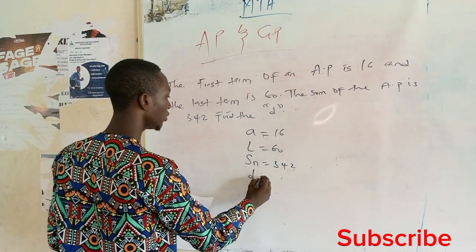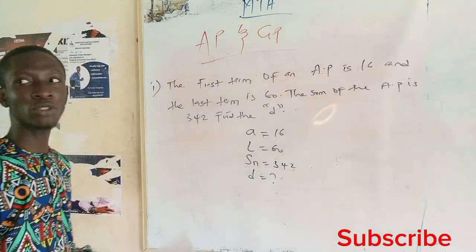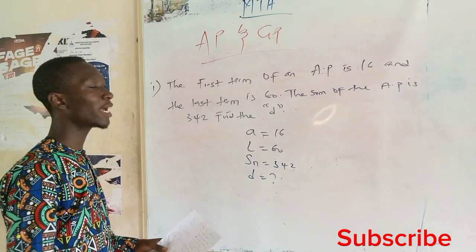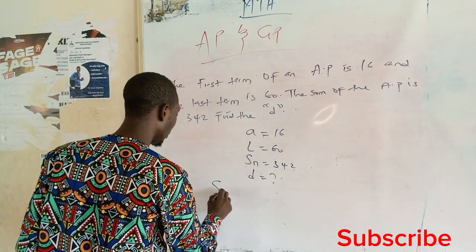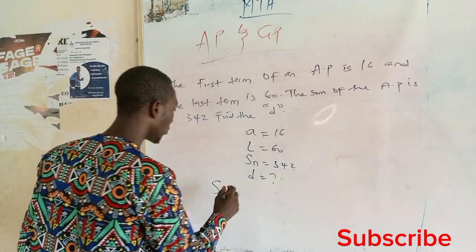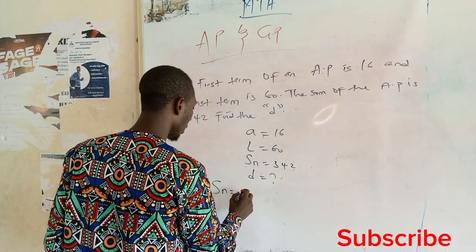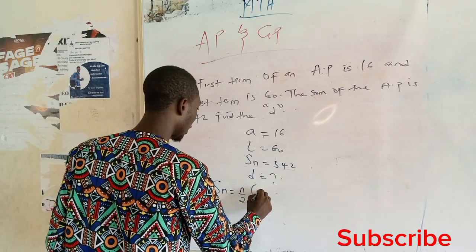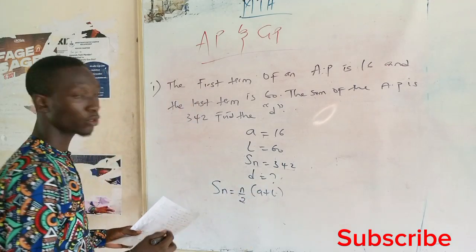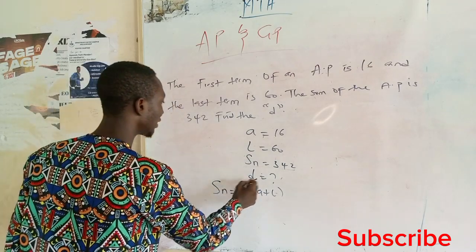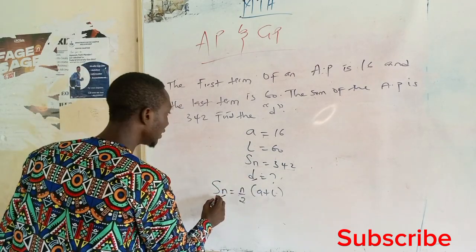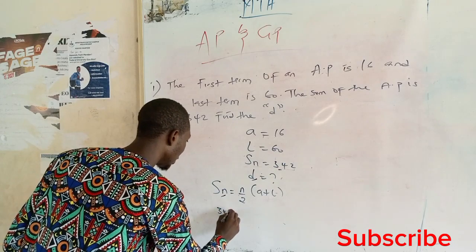Find the common difference. Now, remember, I gave you two formulas under AP: one for the sum with the last term. The sum formula is Sn equals n over 2, open bracket, a plus l. So we apply this formula to get the number of terms so that we can get our common difference. So Sn is 342, it has been given.